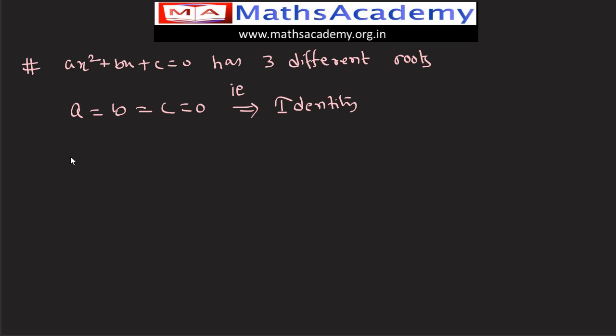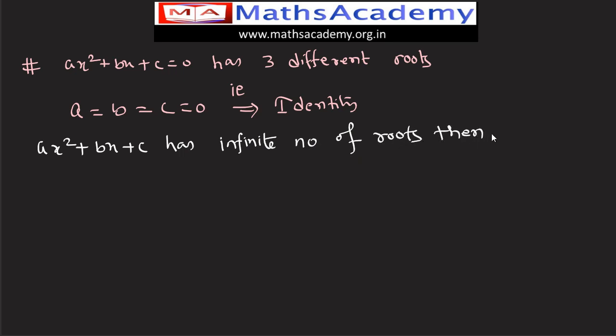So when ax square plus bx plus c has an infinite number of roots, then it is an identity.